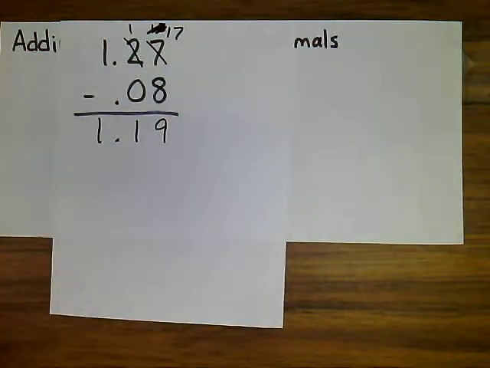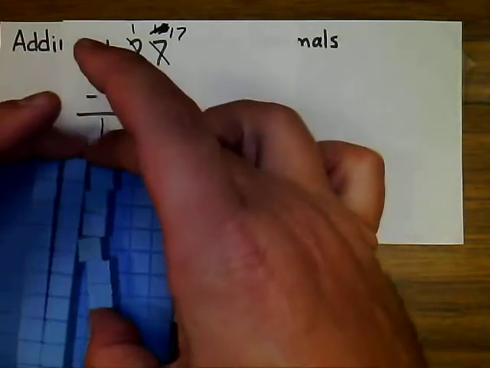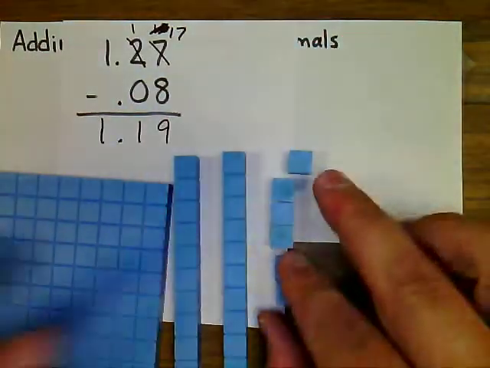Let's show that model again. So we have 1 and 27 hundredths.